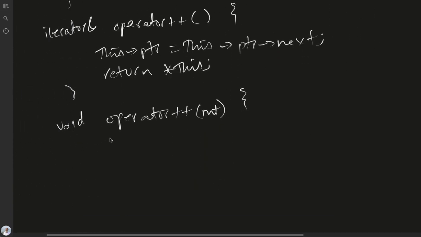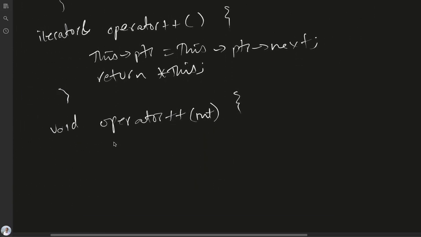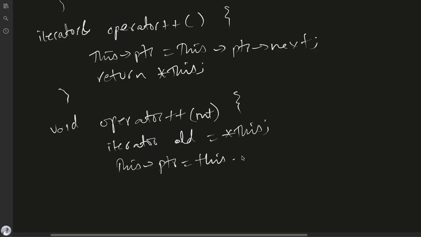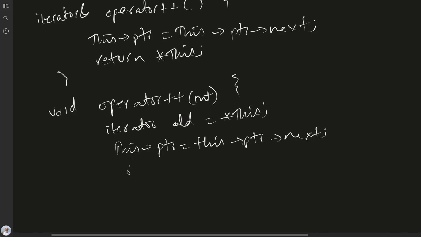So how do we do that? We basically create a copy of the current node. We say iterator old is equal to star this. So we create a copy of the current iterator. We move the current iterator to the next node, and then we return the copy that we had saved.